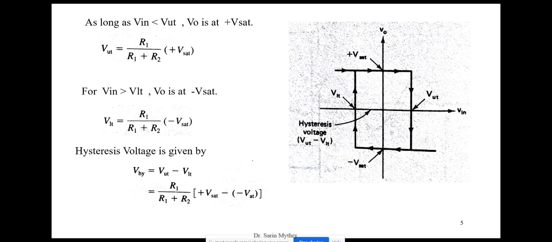It has to cross some voltage in the positive, which we have named the upper threshold voltage, and in the negative, the lower threshold voltage. The Schmitt trigger is about how your input triggers the output. Schmitt triggering means your input is changing the output. So that's why we call it a Schmitt trigger.